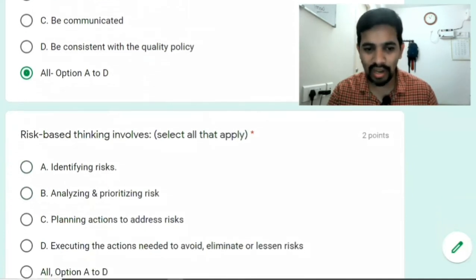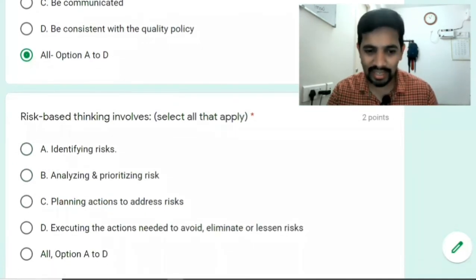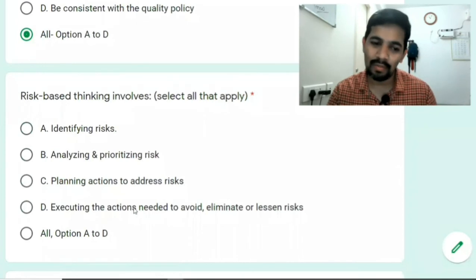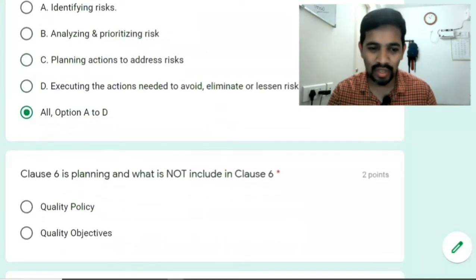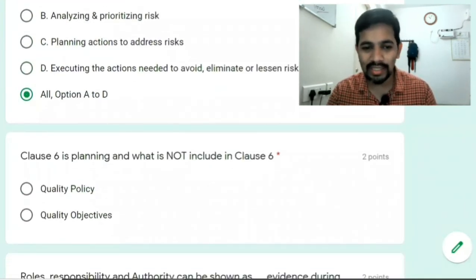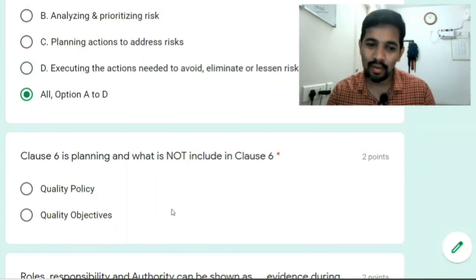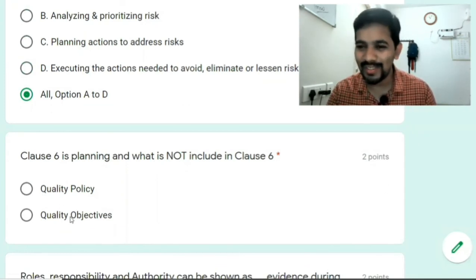Risk-based thinking involves identifying the risk, analyzing the risk, planning for the risk, executing the risk. All. Not only is identification enough, but we have to close the risk, right? Loop. And class number 6 is planning. What is not included in 6? Quality policy or objective? That's a tricky question, right? Quality policy, because quality policy you will get in 5.1.2.